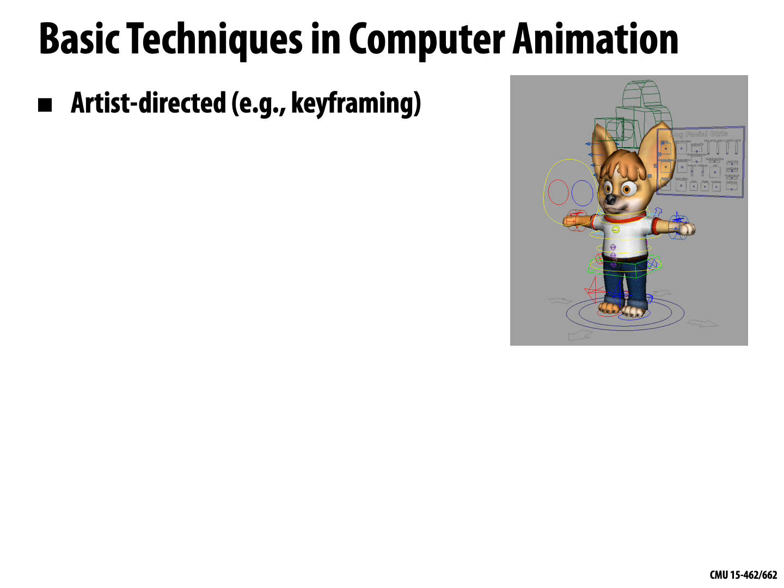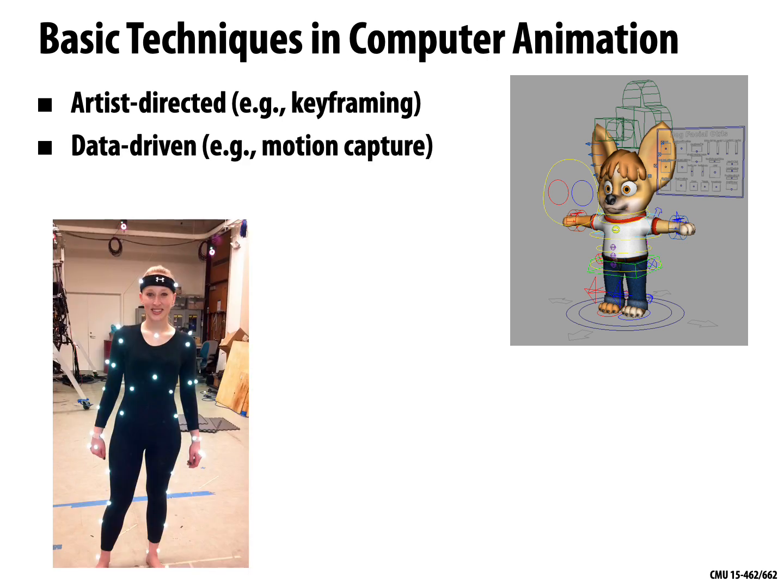A different class of methods is to use data to generate animation, for instance, something like motion capture. This is a photograph from the CMU motion capture studio. Somebody's wearing this dark garment with these bright white balls glued to various locations. And there are cameras in various locations around the room that pick up on these balls.